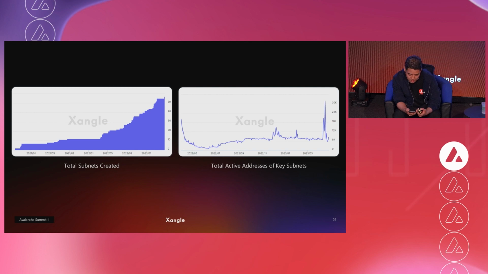So let me repeat this. I would advise announcing and repeatedly emphasizing that the subnet growth indicators are the most important ones from the foundation's point of view. At Xangle, we aim to go beyond simply listing standardized indicators. We want to show those indicators that best reflect the deeply understood Avalanche ecosystem.